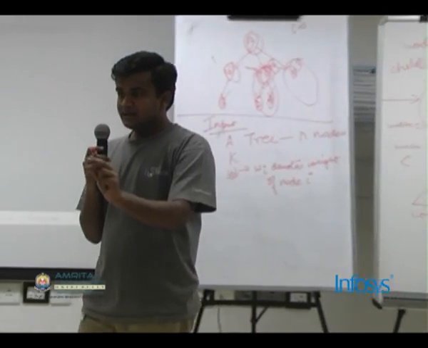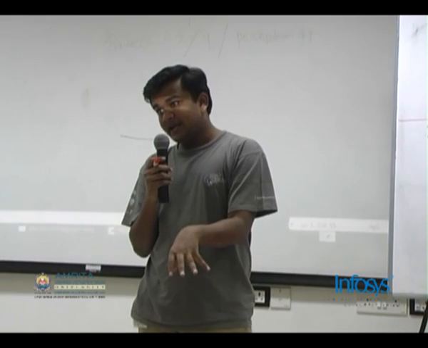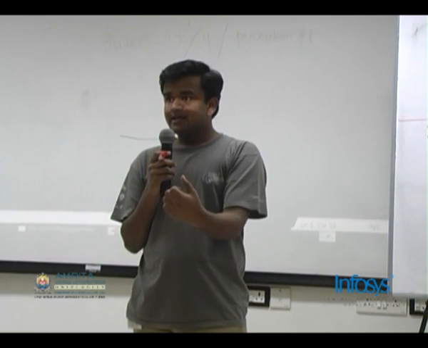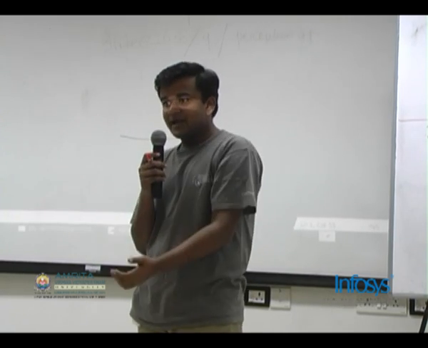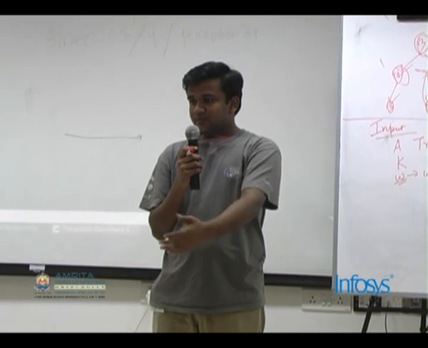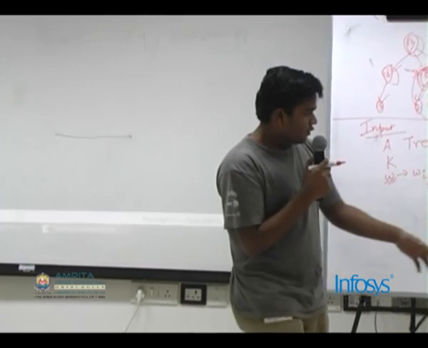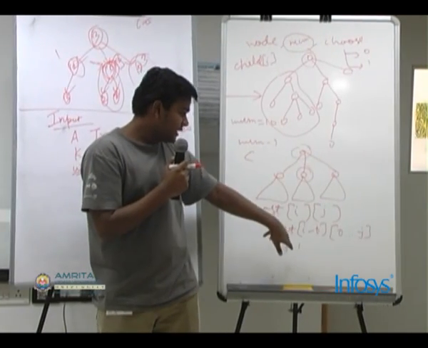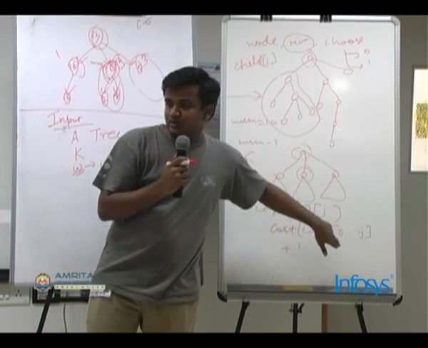So this has two parts. First part is how many vertices we give to the ith child and how many vertices we distribute between everything before I, that is 0 to I minus 1. So 0 to I minus 1 we already have solved because we are computing in a particular order. So this cost ij can depend on everything from cost I minus 1 and anything from 0 to j.